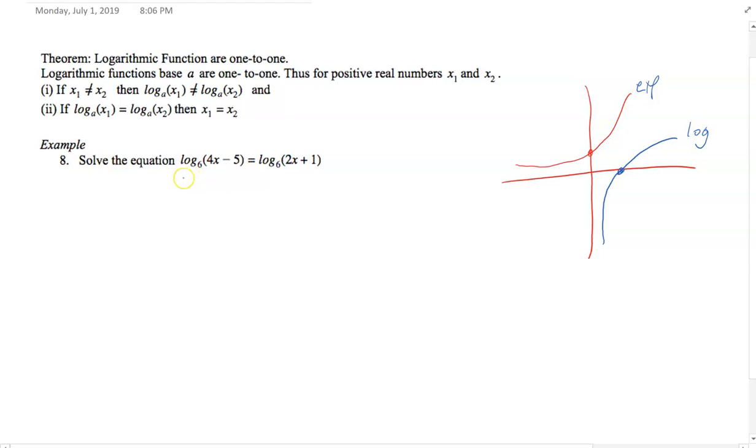Now, if we have to solve the equation, an example, log base 6 of 4x minus 5 equals log base 6 of 2x plus 1. Notice the logs are the same, right? The bases are the same, log base 6.